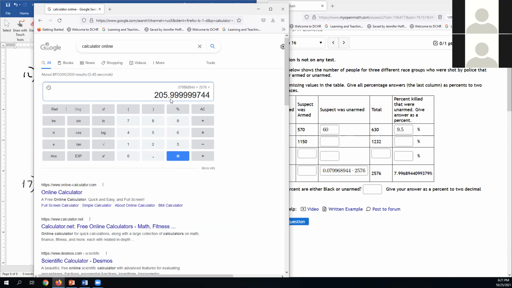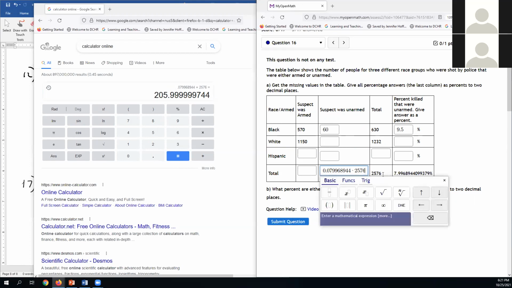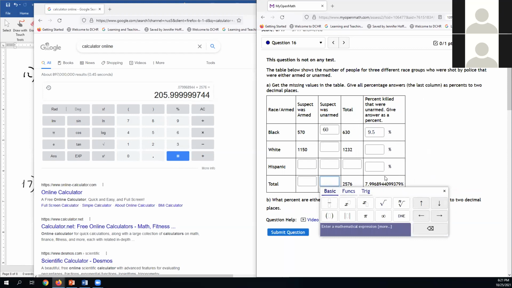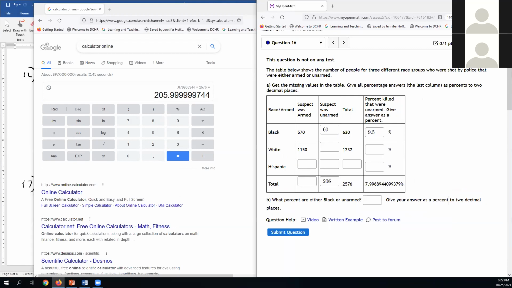The reason it doesn't say 206 is because I rounded this number right here. So the right number is 206.